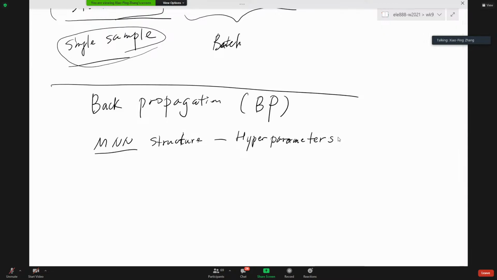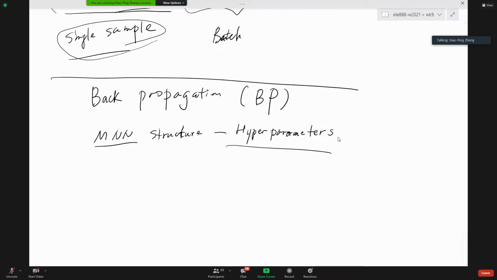Although there's study on how to learn hyperparameters, how many layers, how many nodes in each layer, it's hard to learn, and that's part of the alchemy of deep learning, of neural networks or machine learning. You try something and see whether it works. That's pretty much it.